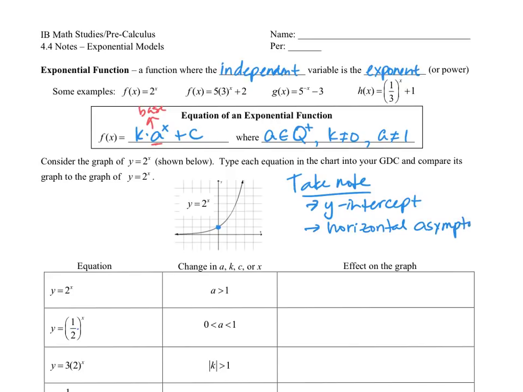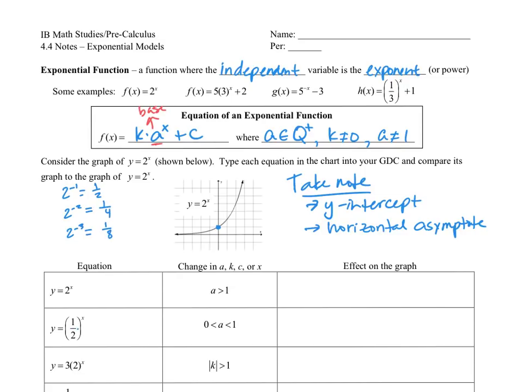These exponential functions will always have a horizontal asymptote. In this parent function, the horizontal asymptote is the x-axis. And I think you can see why. As these x values get smaller and smaller, more and more negative, let's look at some examples. 2 to the negative first power is equal to 1/2. 2 to the negative second power is 1 over 2 squared, or 1/4. 2 to the negative third power is equal to 1/8.